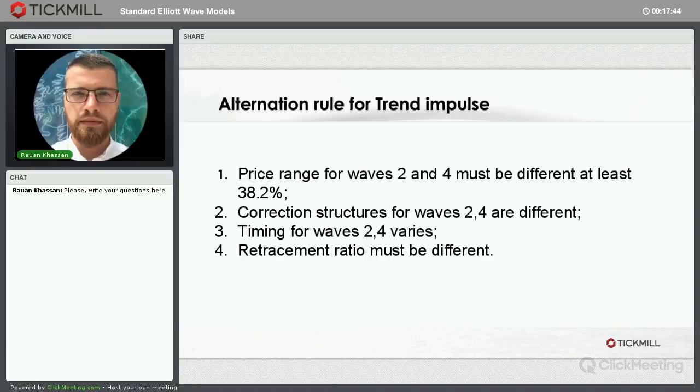So digging into the example, the first part of the alternation rule says the price range for waves 2 and 4 must be different by at least a third, or using the Fibonacci number, 38.2%. Second, correction structures for waves 2 and 4 should be different.